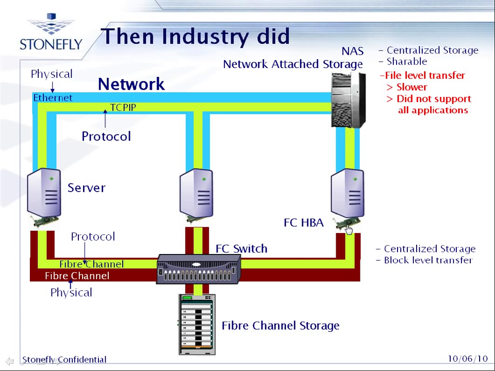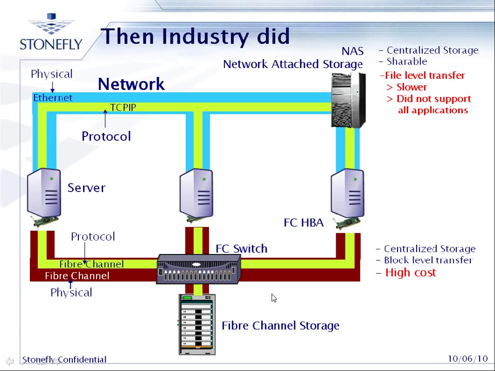Fibre channel switches were new. You always required a Fibre channel HBA to install in your server to connect your storage. Cabling was new. You have a physical cable which was Fibre channel, and the protocol was also Fibre channel, and the storage was also Fibre channel.